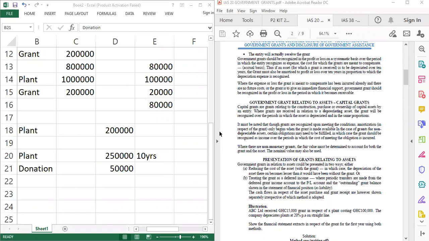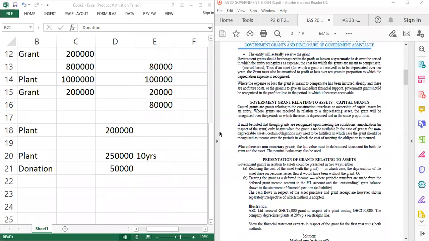Although you can treat it as a revenue for the year, this donation is given in relation to a plant that will last for 10 years. So if you recognize that as a revenue for a year, it's correct, but it doesn't give a match or a faithful representation of the donation.